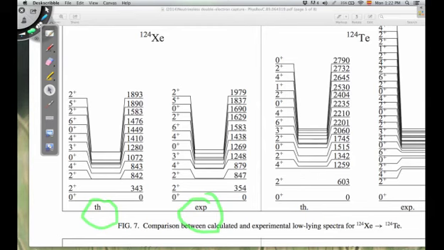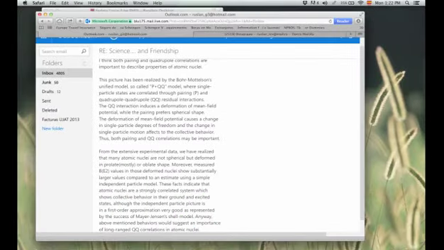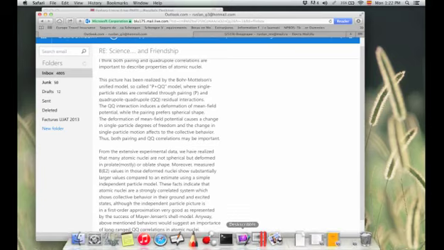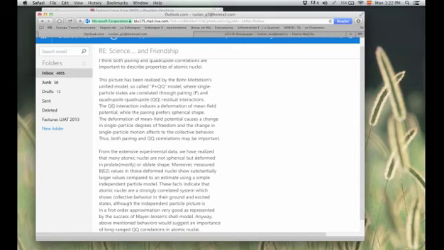You can see that it works more or less close, but it works for the low-lying states. So that's all, my friend Kazuyuki. If you have something else that we can use and how we can improve this model, it is welcome.